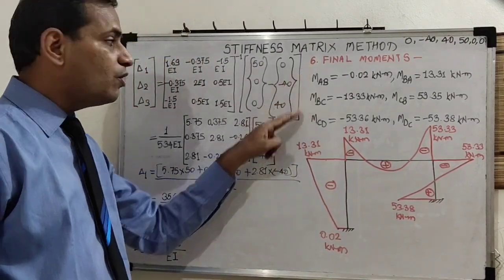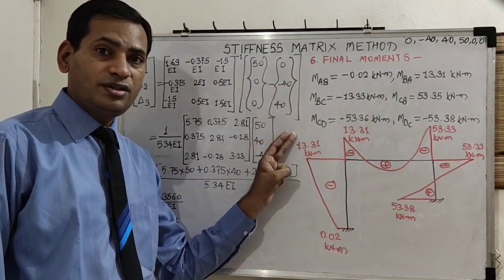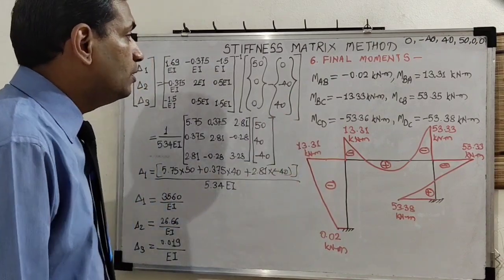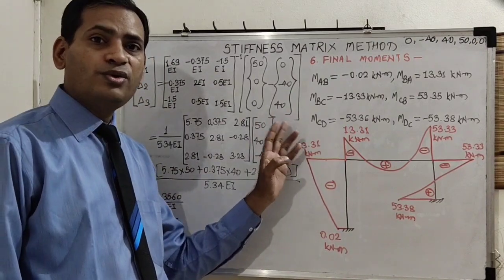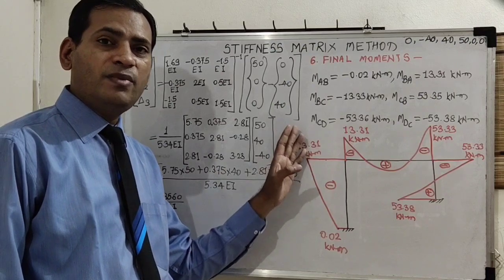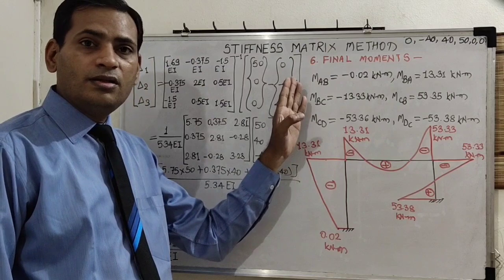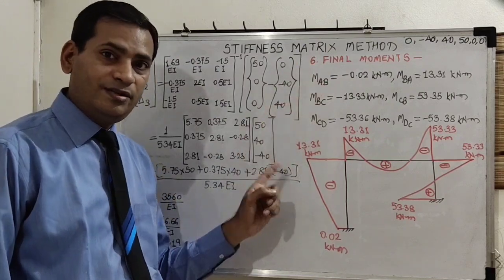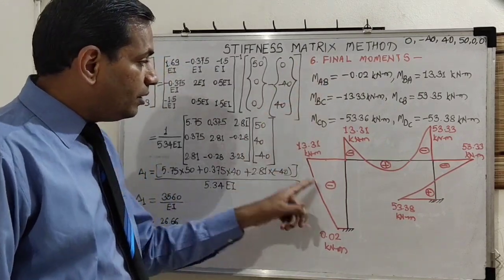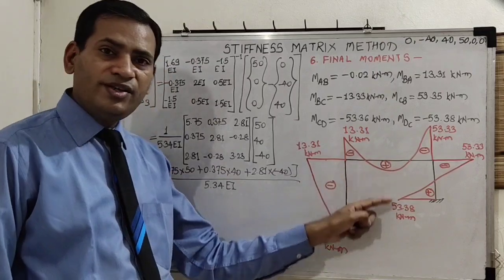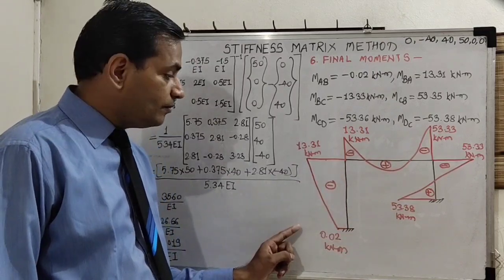These values we have got using slope deflection equations. Please remember, those who don't know how to use slope deflection equations, please refer to my first session on the slope deflection method. And this is the final BMD on the tension side for this particular frame.